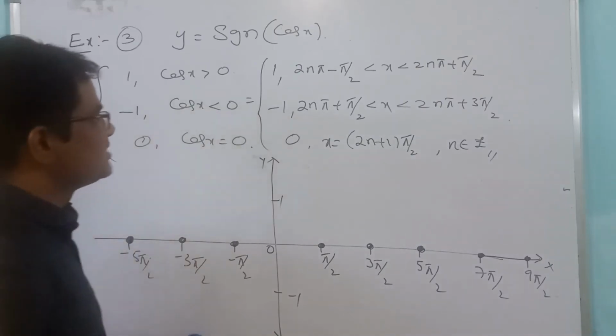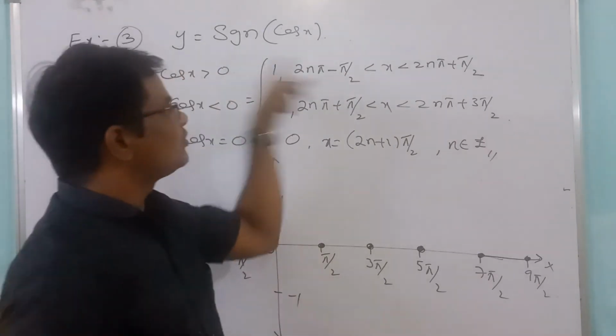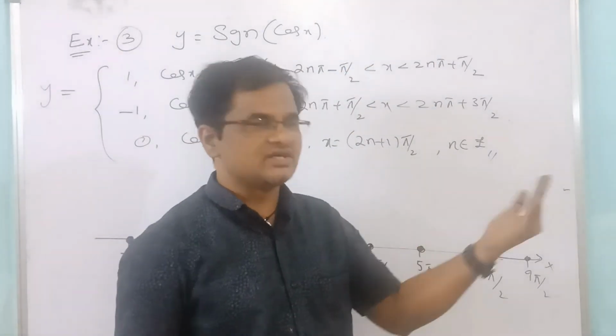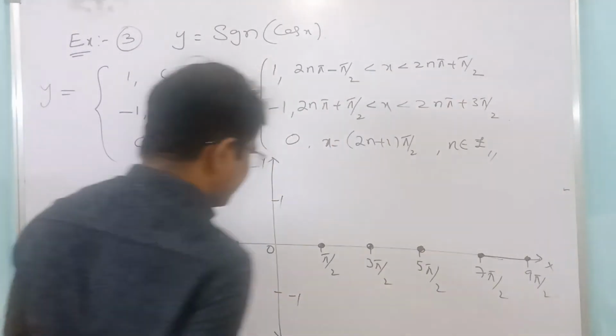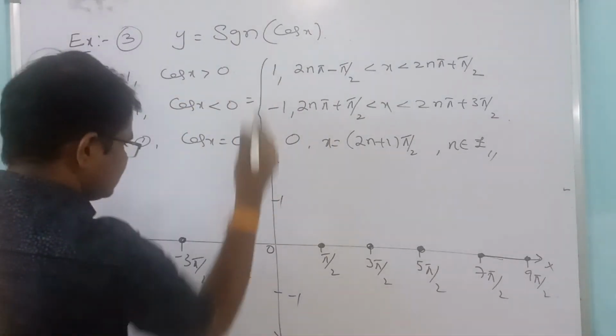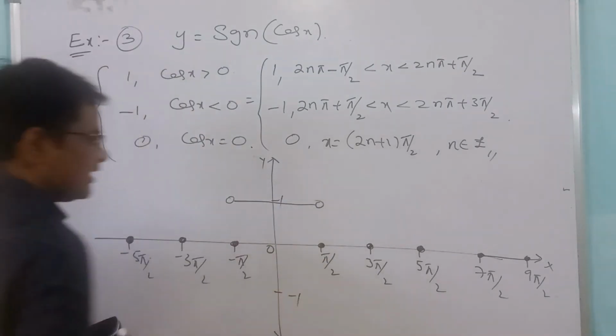Next, the remaining points. For y equal to 1, take the intervals one by one by substituting integers. N equal to 0 means minus pi by 2 to plus pi by 2, y is 1.